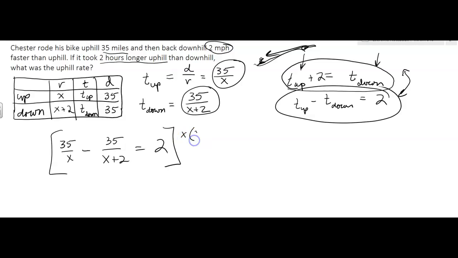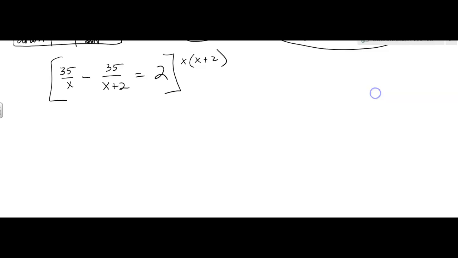So x times x plus 2. I'll have to use the LCD. This is not a proportion. You can't just cross multiply. You don't have one fraction equaling another fraction. I should say rational expression. Okay, so think about taking that LCD times this. Well, then that's going to give me 35 times x plus 2, because the x's would cancel.